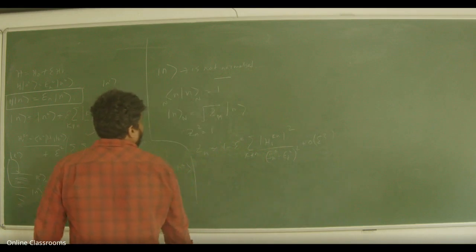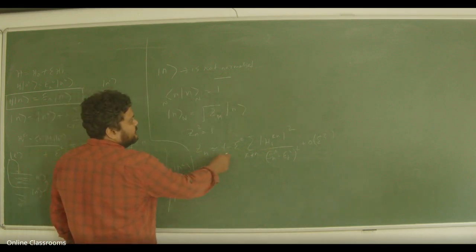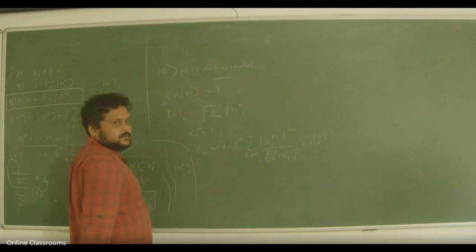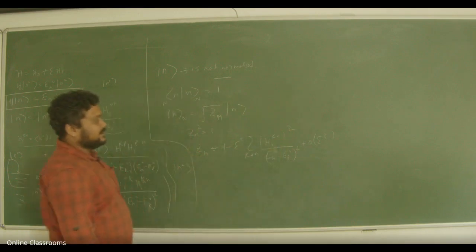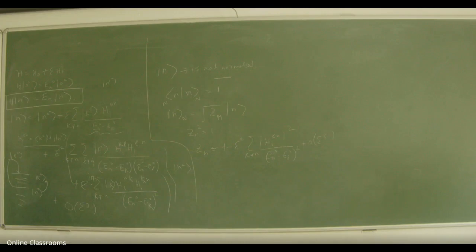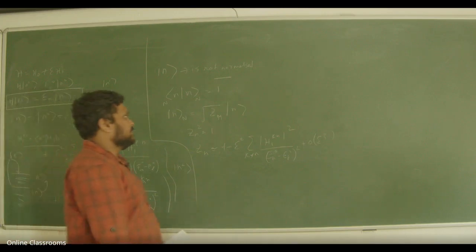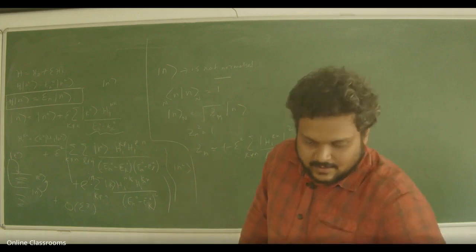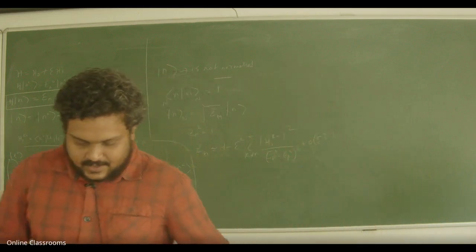This is basically the leakage probability, which means if there is no overlap between k and n via h1, then this term will be 0. But because of that overlap, this term will be nonzero, and then you get something different from 1. Okay, so this was basically everything we discussed so far about perturbation theory.